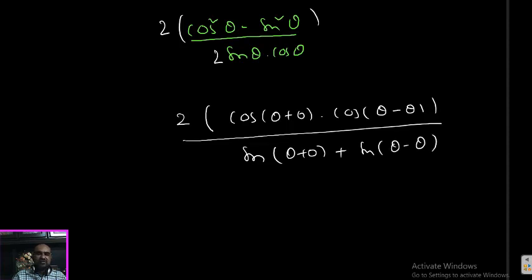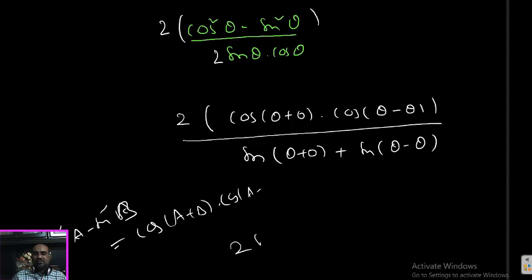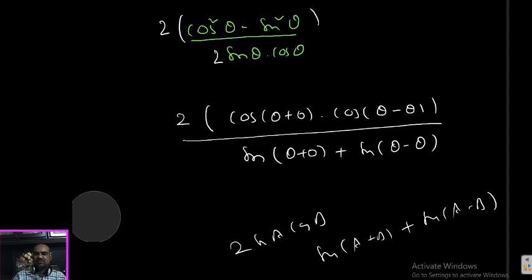Already established facts, no? Cos square a minus sin square b is cos of a plus b into cos of a minus b, and 2 sin a cos b is sin of a plus b plus sin of a minus b. Already I proved these two results.